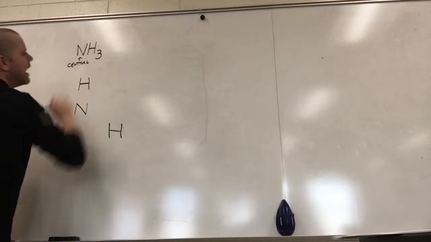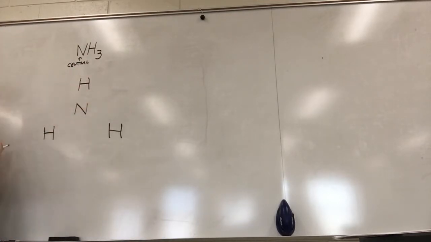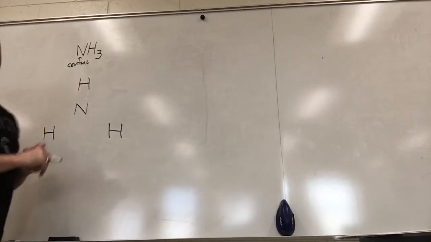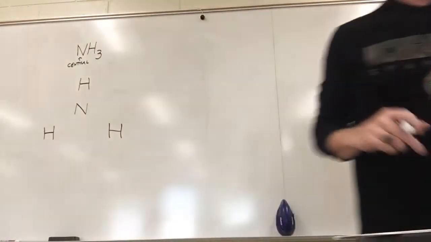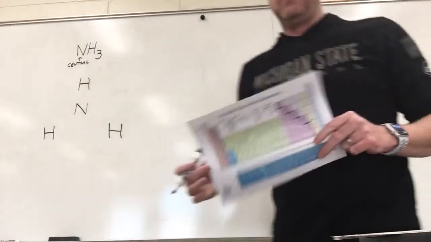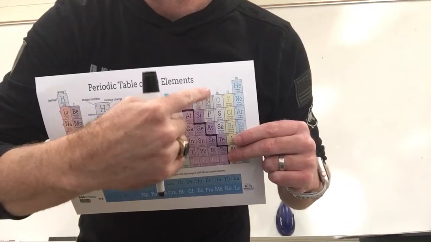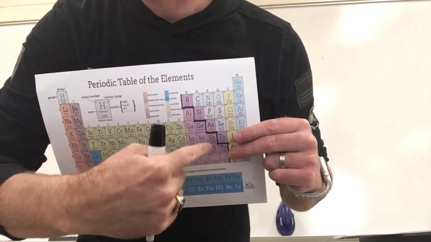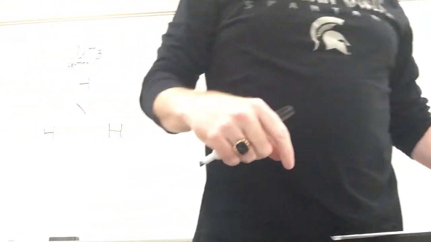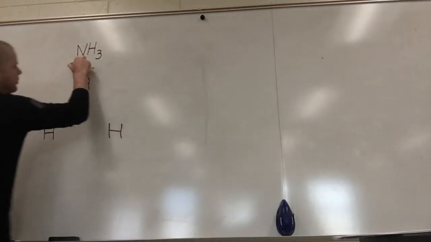Now, I'm going to count up my valence electrons here, so I know how many to put in my drawing. And so I go find nitrogen on the periodic table. Nitrogen is located right here, and all of the elements right here have 5 valence electrons, all of them. There's one nitrogen in this formula.